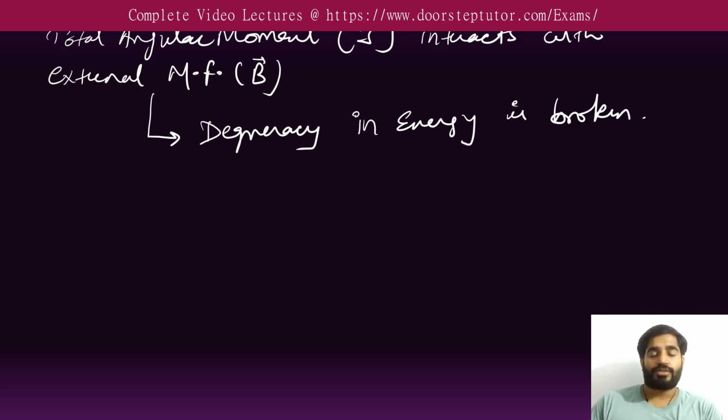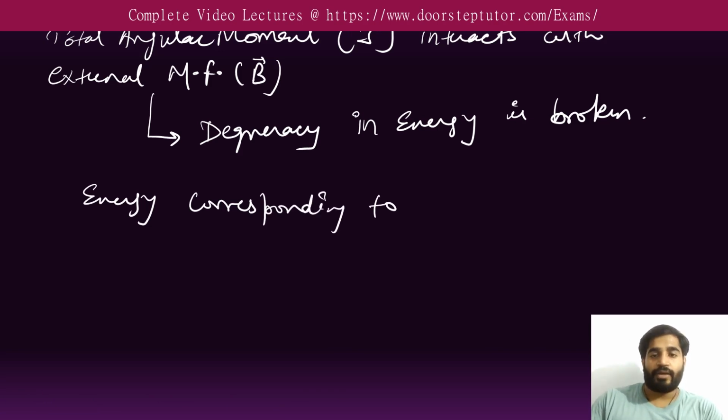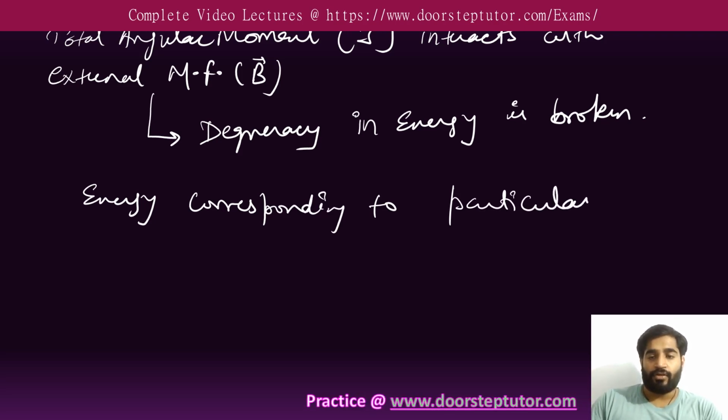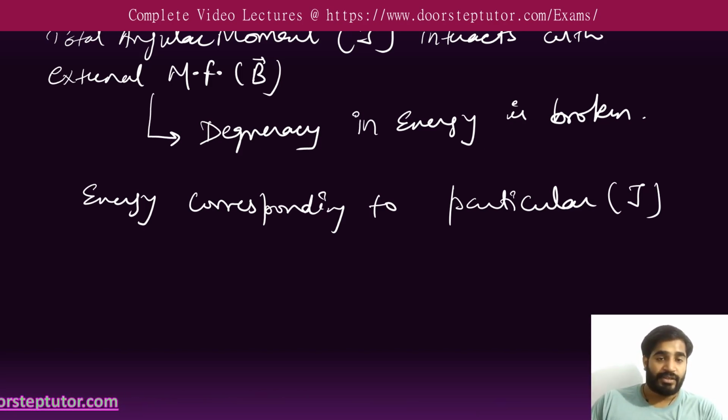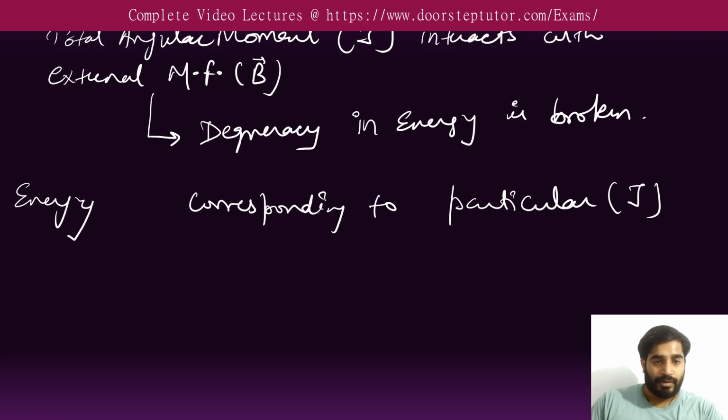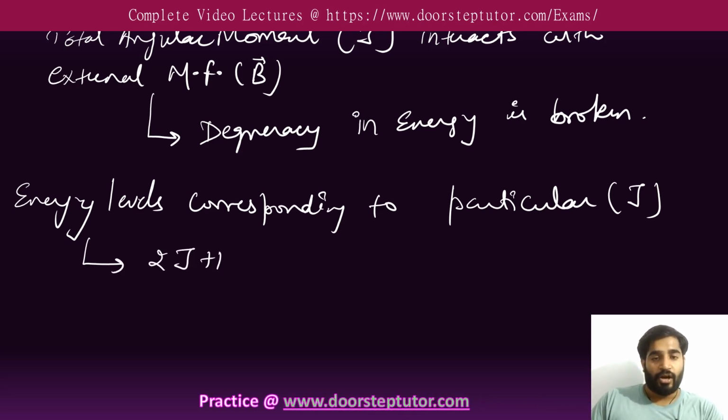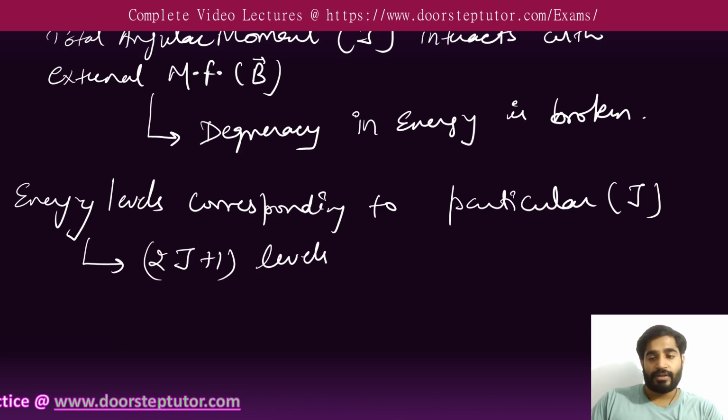As it breaks, the energy levels corresponding to a particular J, a single value of J, because J has different values, split into 2J plus 1 levels. How many levels? 2J plus 1 levels.